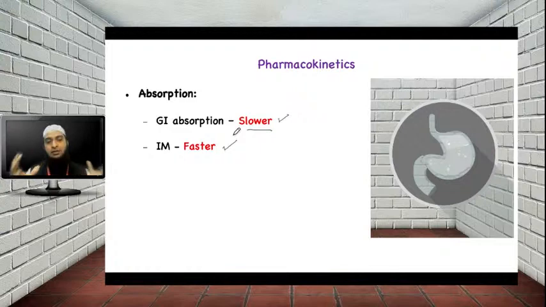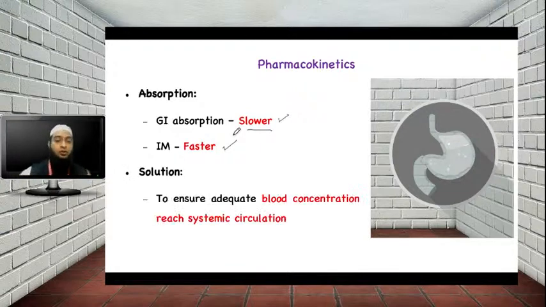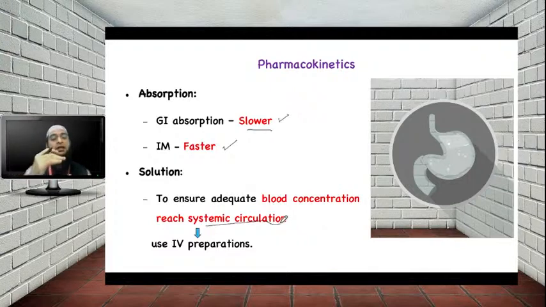If you want that type of situation, then the solution to ensure adequate blood concentration reaches the systemic circulation is the only one route, that is the intravenous route. What can you do for those drugs where the therapeutic index is generally narrow, where a slight increase in concentration may produce toxicity, or a slight decrease in concentration produces an under effect, so there is no pharmacological effect? In such a case, there is a narrow therapeutic index.